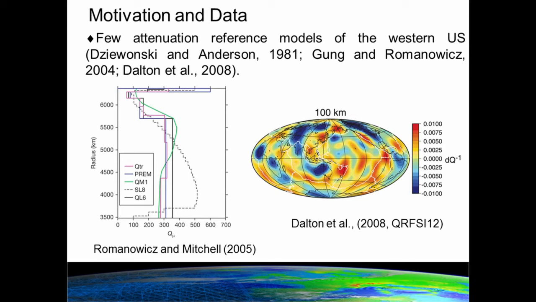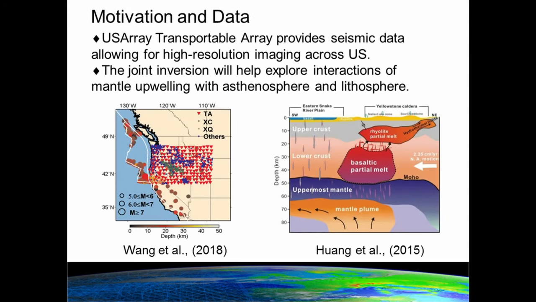We plan to use the proposed 3D full waveform inversion method to image both velocity and anelastic structures in the upper mantle of the western U.S. The USArray Transportable Array provides unparalleled seismic data, allowing for high-resolution imaging across the U.S. We will incorporate waveforms of body waves and surface waves from the networks to improve the lateral and vertical resolution in the model.